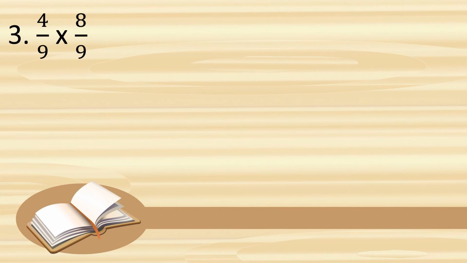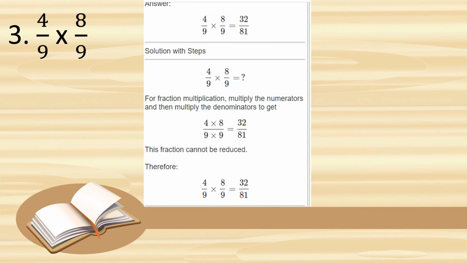In number 3, we have here the fractions 4 over 9 times 8 over 9. So again, multiply both numerators and denominators. So 4 times 8 is equal to 32. And 9 times 9 is equal to 81.